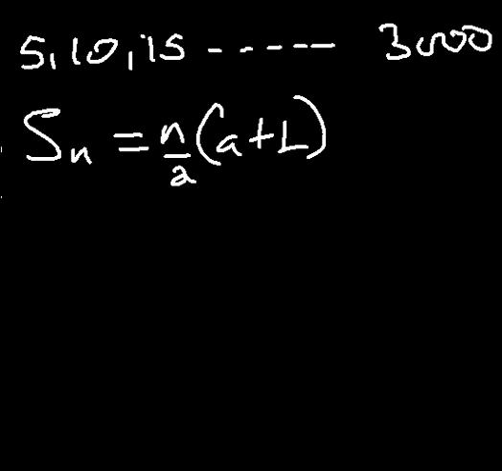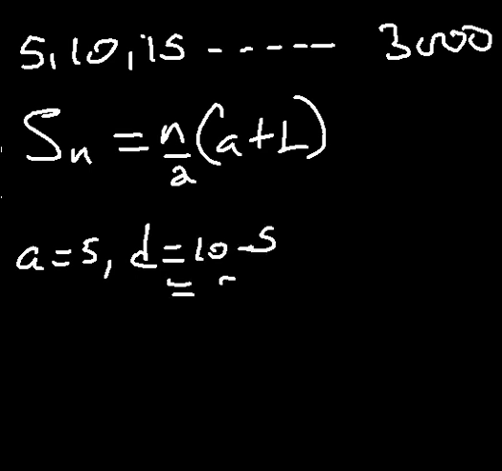We have the first term given as 5, and the common difference is 10 minus 5, which is 5. So this is the first term, and this is the common difference. We are given that the nth term, that is the last term, is 3,000.